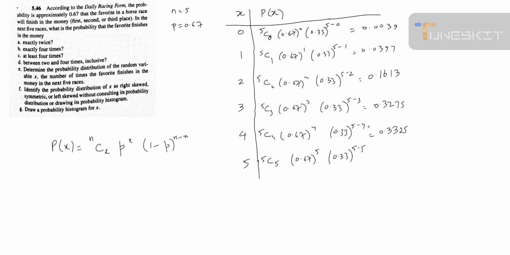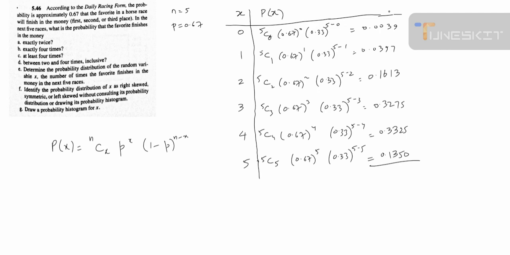Now the last probability is 5C5. 5C5 is 1 times 0.67 to the power 5 is the only thing we need to work out. So 0.1350 is the probability. Now check whether we are getting the sum of 1 when we add them all.